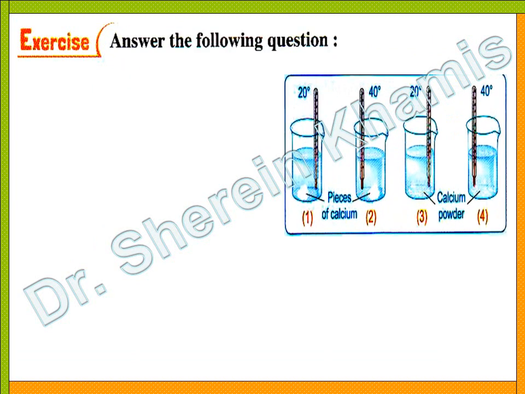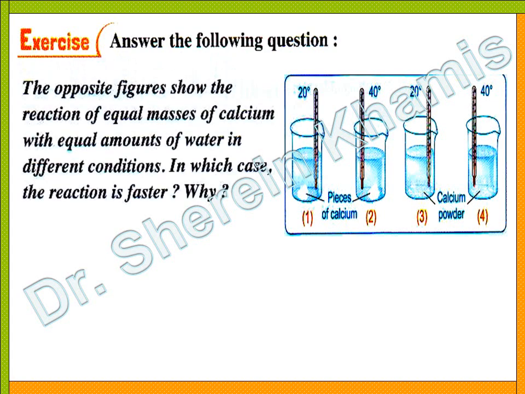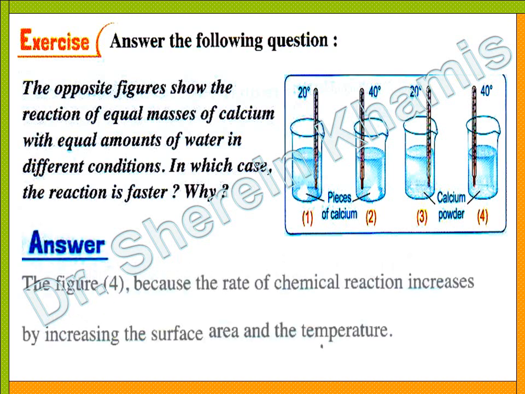We have another exercise. We have pieces of calcium and calcium powder at different temperatures, and we want to compare them: in each case, which reaction will be faster? We have here 20 and 40, 20 and 40. We have pieces of calcium and calcium powder. Okay, well, we have the answer.